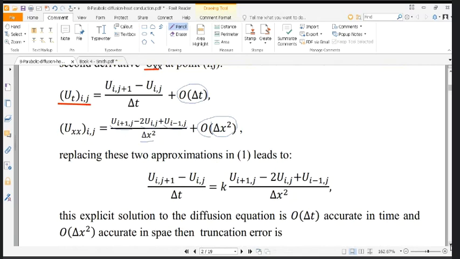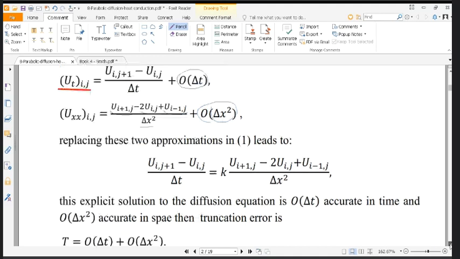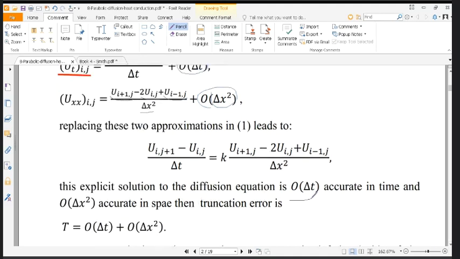When we replace these two approximations in the diffusion equation, we have U(i, j+1) minus U(i, j) over delta T equal to K times U(i+1, j) minus 2 U(i, j) plus U(i-1, j) over delta X squared. This explicit solution to the diffusion equation is O of delta T accurate in time and O of delta X squared accurate in space.